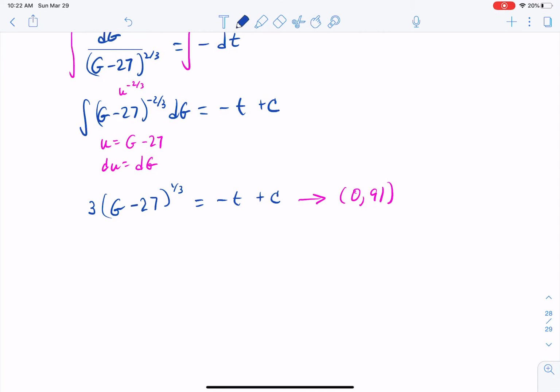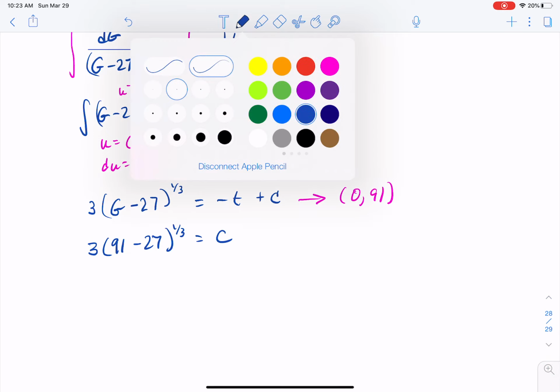I would have 3 times, now the 91 is our g, so (91 minus 27) to the 1/3 power is equal to 0 plus c. So there's our c, and we probably want to simplify this. Didn't we say this was 64 before? So 91 minus 27 is 64.